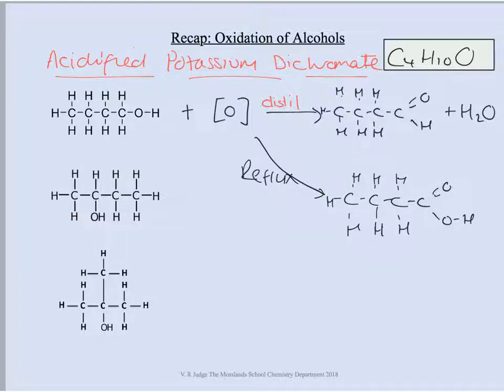And again, obviously it goes via the aldehyde, so it would go alcohol to aldehyde, and then it would turn into carboxylic acid.